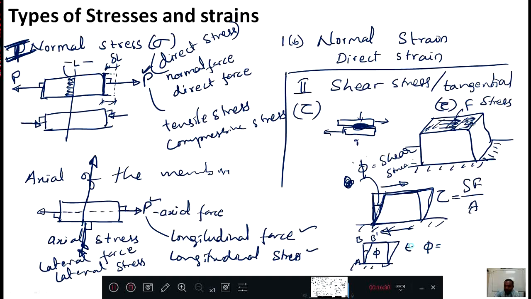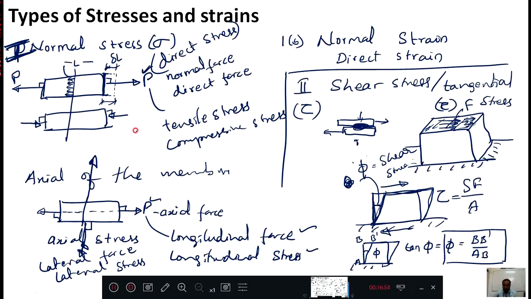Actually I need to take tan phi, but this phi will be very, very small, therefore tan phi equals phi, and tan theta is opposite by adjacent, so the opposite is BB dash divided by AB. This is the formula for shear strain.